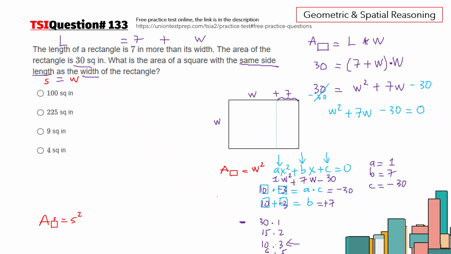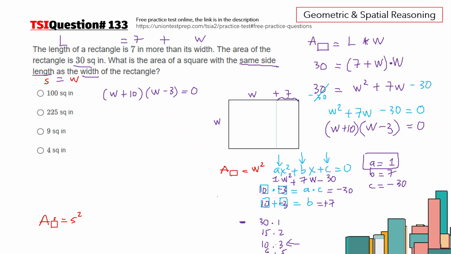Because a is 1, we just need to plug in. It's not x, it's W. We have W right here equals 0, and then we just plug in positive 10 and negative 3. Now we solve for it. We will have W plus 10 times W minus 3 equals 0.